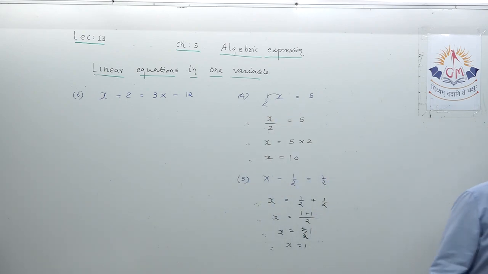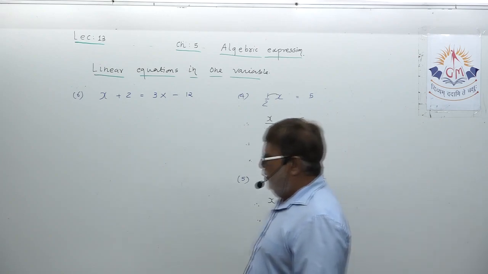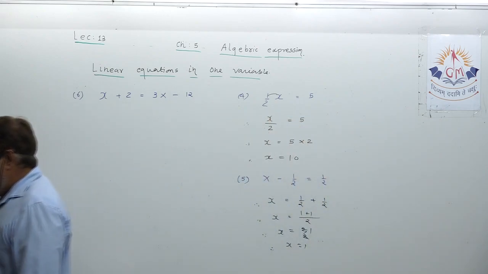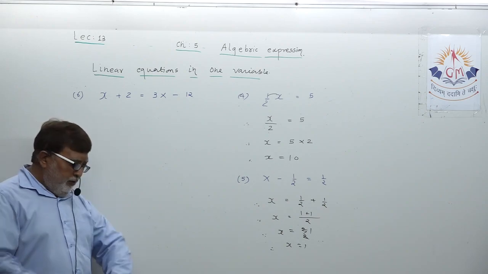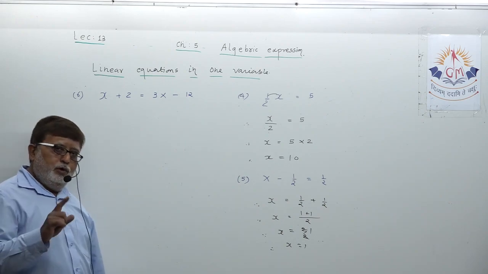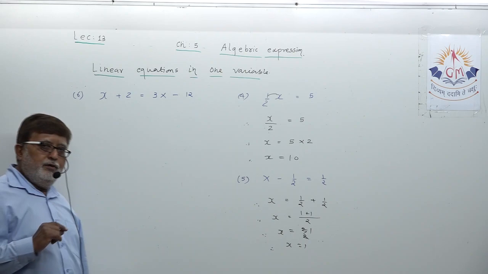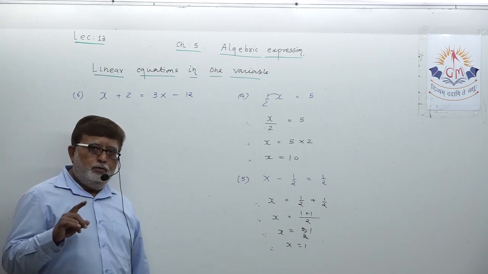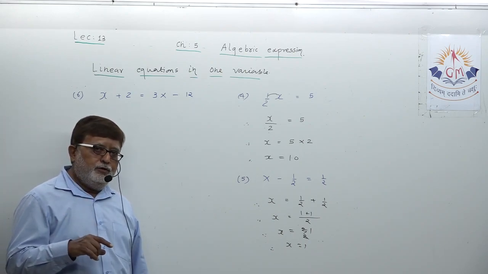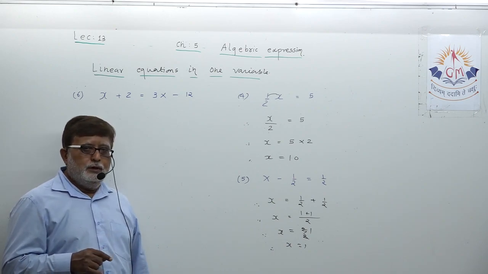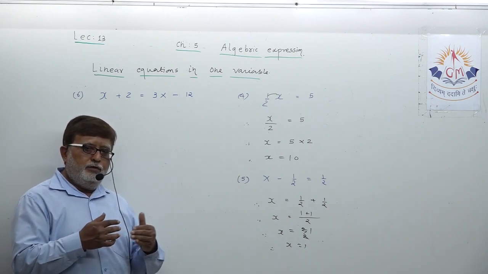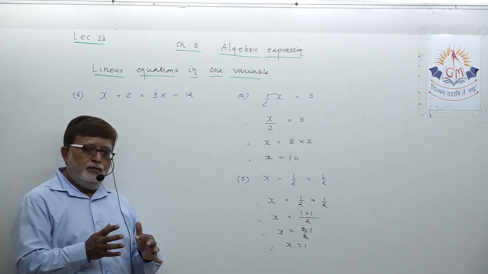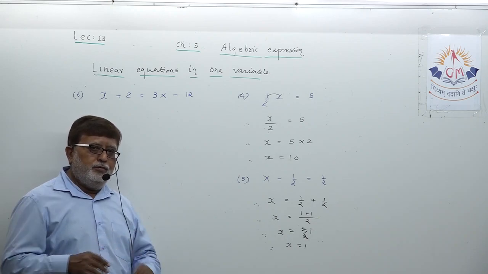You have already been explained 5 linear equations. If you are watchful before you concentrate on this example, please verify all those 5 equations we have done and first try to analyze, is there any difference between those 5 equations and this equation number 6?